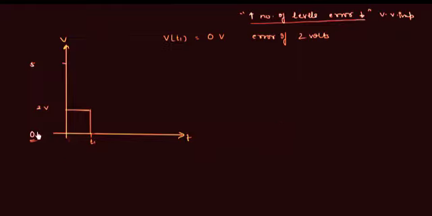Let's see how. I'm going to divide 0 to 5 in 4 equal parts. So I will have 1.25 as the next level, 2.5 and 3.75. Okay, these are the levels.